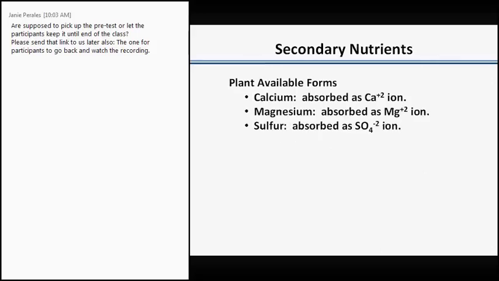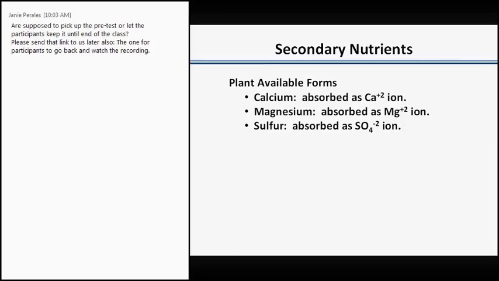Again, the plant available form for calcium is calcium +2, so it will adhere to the exchange sites. Magnesium is also +2. Again, the bases are calcium, magnesium, potassium, and sodium, and they are also very abundant as far as the Earth's crust is concerned.